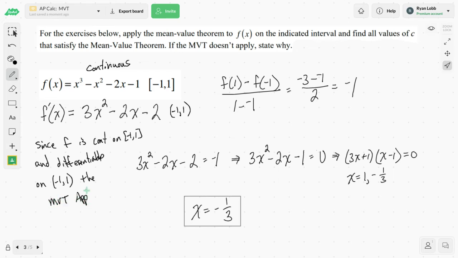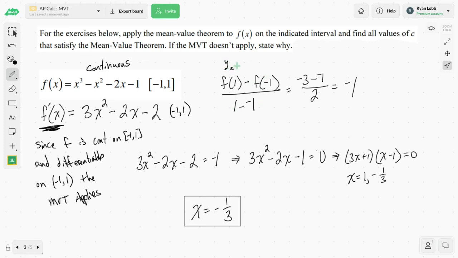We've got to make sure we know why we can do this. Now, the mean value theorem guarantees that there exists some c, an x value between -1 and 1, such that the instantaneous rate of change, which is your derivative, equals your average rate of change, which I have over here: f of b minus f of a over b minus a.